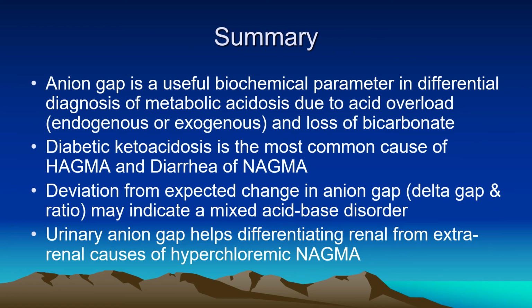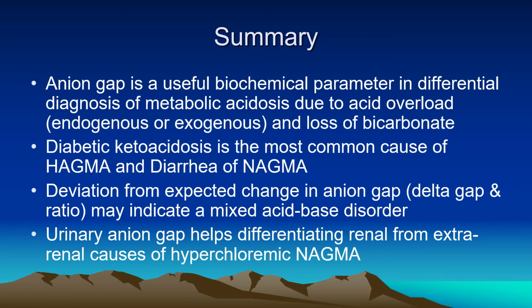So in summary, anion gap is a useful biochemical parameter in the differential diagnosis of metabolic acidosis due to acid overload, which may be endogenous or exogenous, and loss of bicarbonate, which may be due to renal or extrarenal causes. Diabetic ketoacidosis is the most common cause of HAGMA, and diarrhea should be considered the commonest cause of non-anion gap metabolic acidosis.